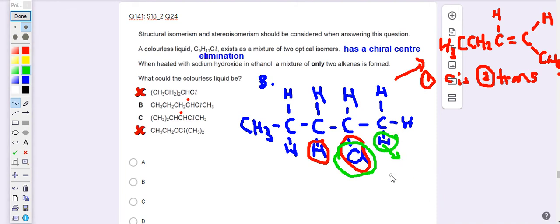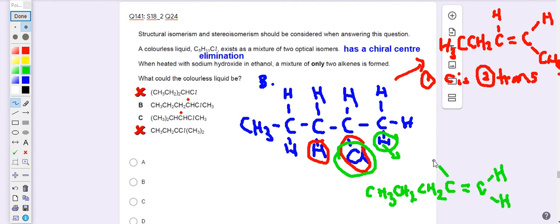Now, this will give me CH3, CH2. That means I'm only touching these two carbons. These three carbons remain the same together with their hydrogens. There will be a double bond between these two carbons now. This will be H, H, then here H. Any cis-trans isomerism shown by this alkene?